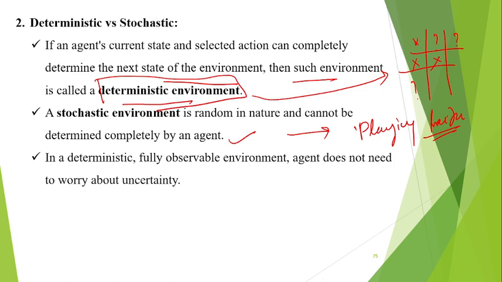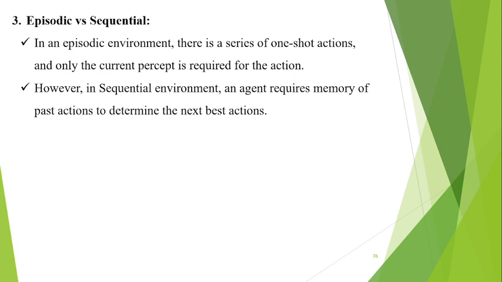Whereas in a deterministic environment, I can determine what my next step will be. The best example is the game we played. Next one, episodic and sequential. In an episodic environment, there is a series of one-shot actions, and only the current percept is required for the action. However, in a sequential environment, an agent requires memory of past actions to determine the next action to be performed.